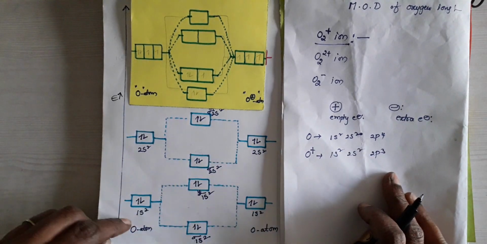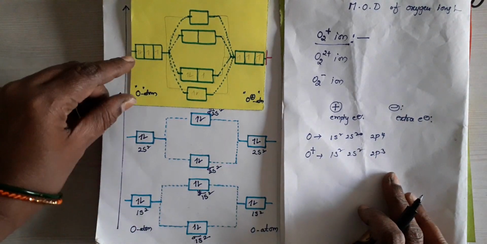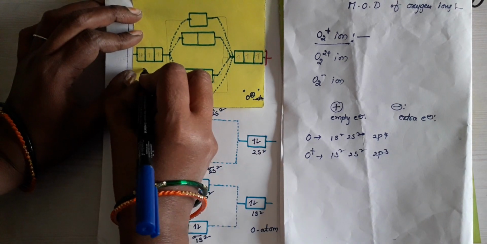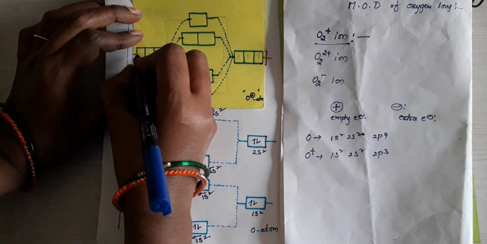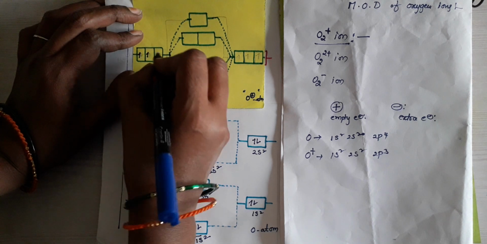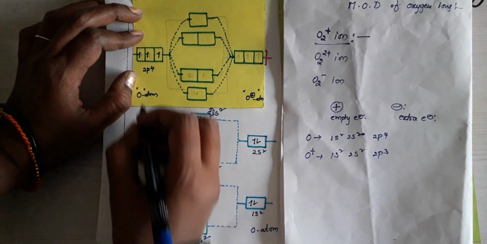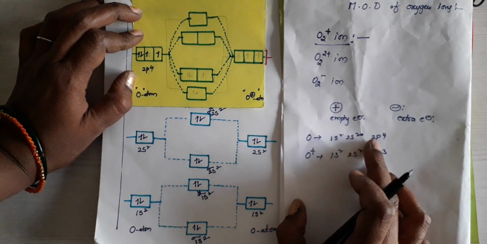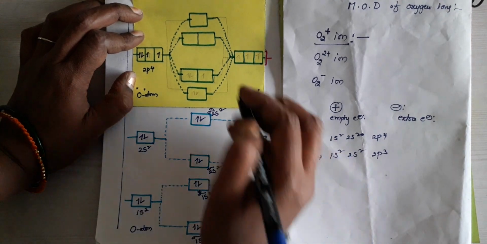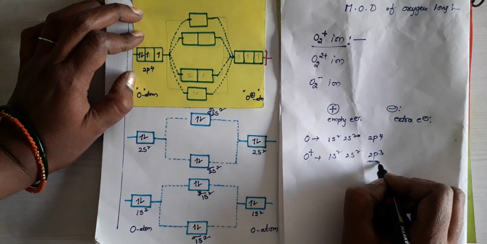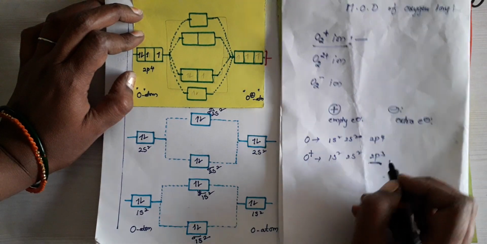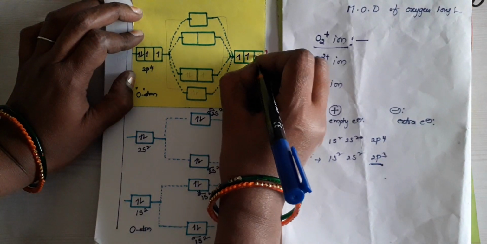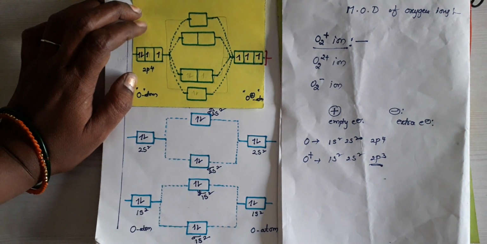According to this, for 2p4 you write and fill 4 electrons. Like this it is for oxygen. Next, for O plus, how many valence electrons? Here 2, here 3, like this 1 1 1.